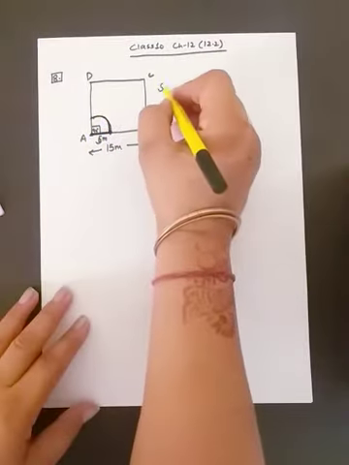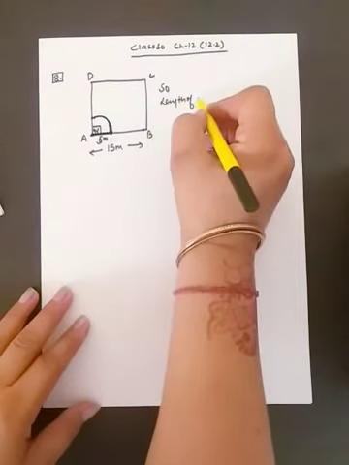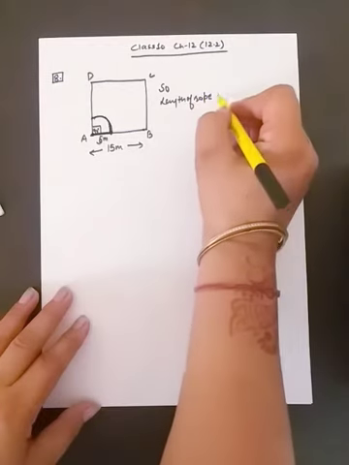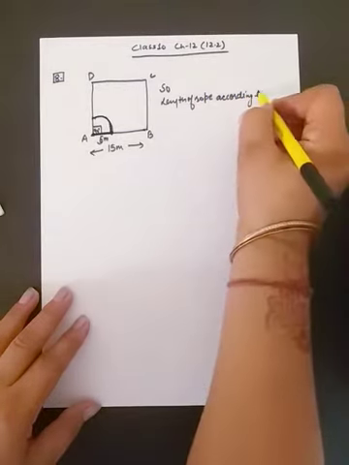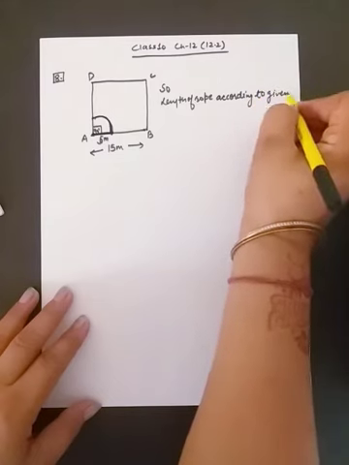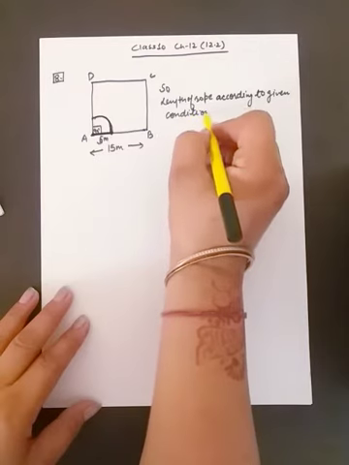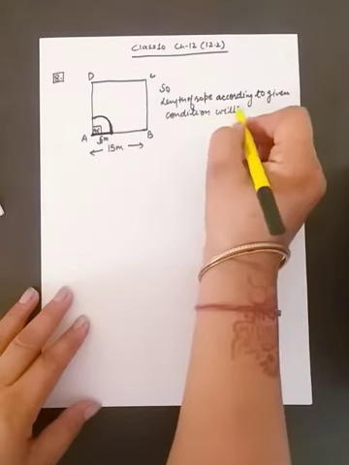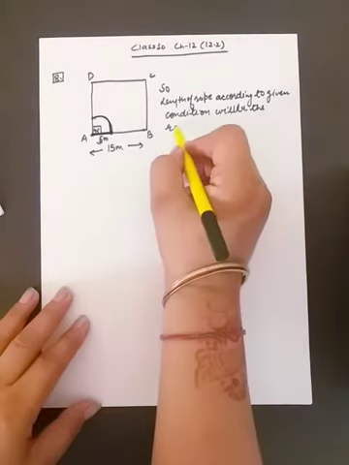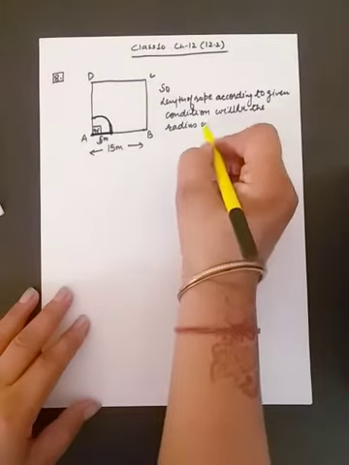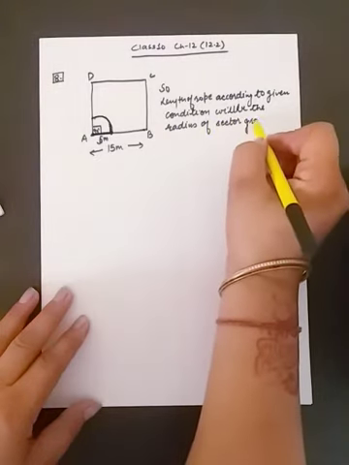So the length of rope, according to the given condition, will be the radius of the sector grazed by the horse.